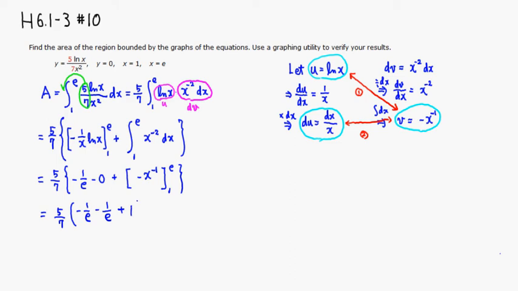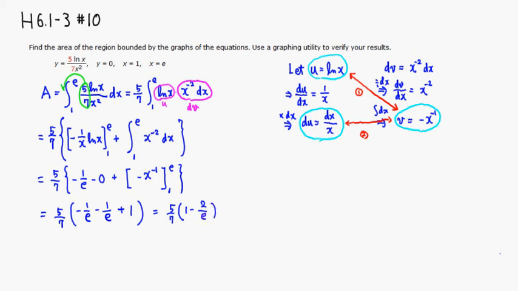So we got that. Looks like we can simplify this a little bit. We can combine this, so we can write it as 5/7, I like to put 1 in front and a minus 2 over e.